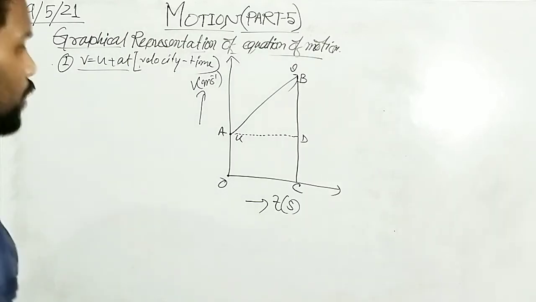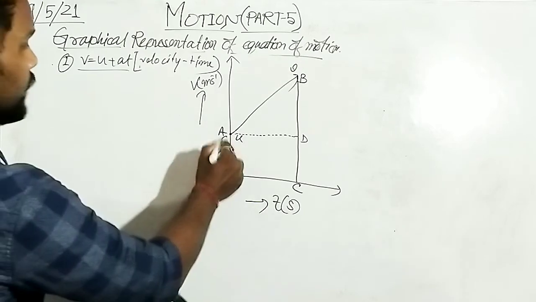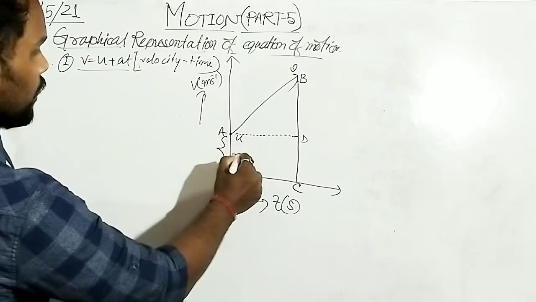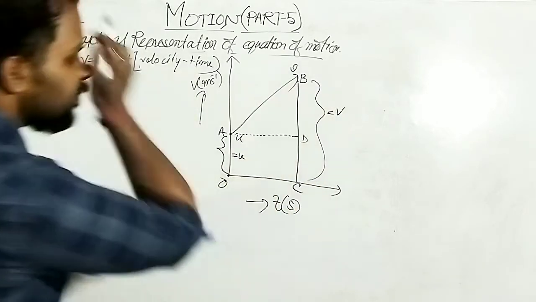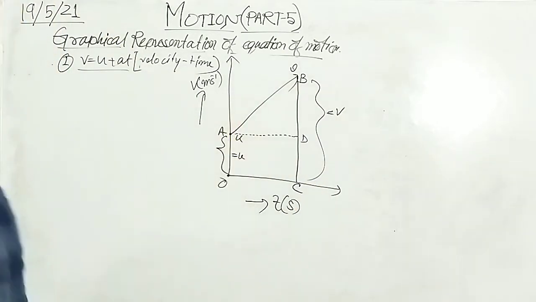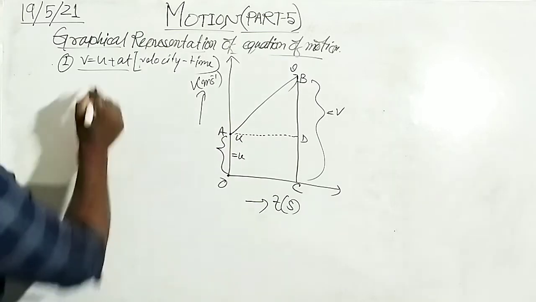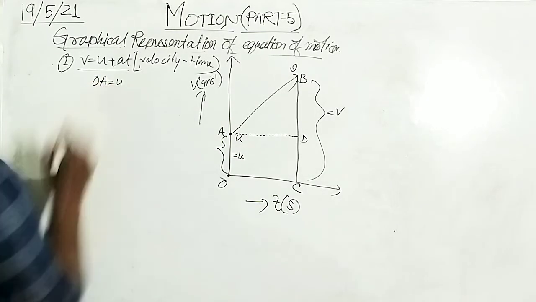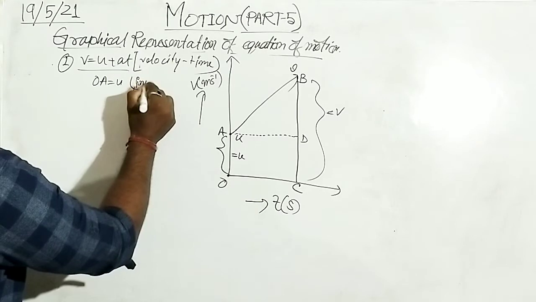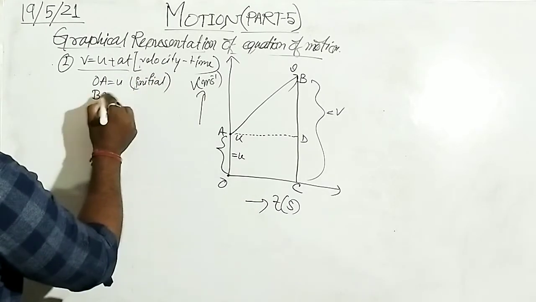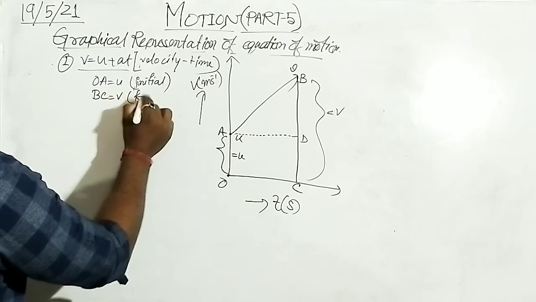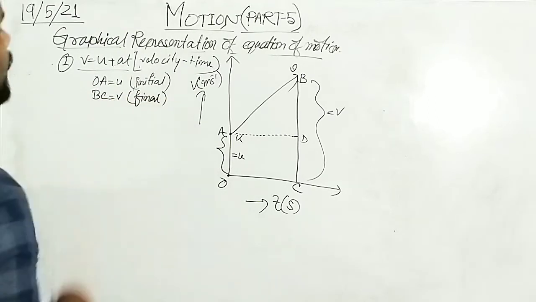What we have got is that OA has a value equal to u, and BC has a value of v. u is the initial velocity and v is the final velocity, right? So we can write OA as u, the initial velocity, and BC as v, the final velocity.